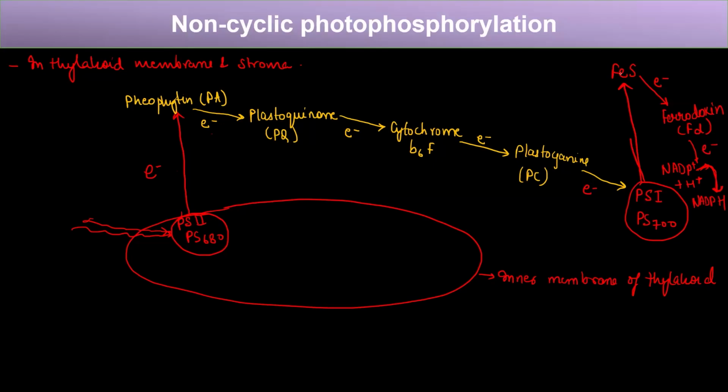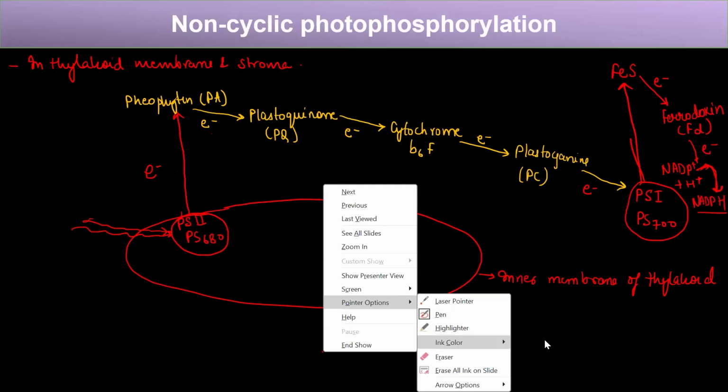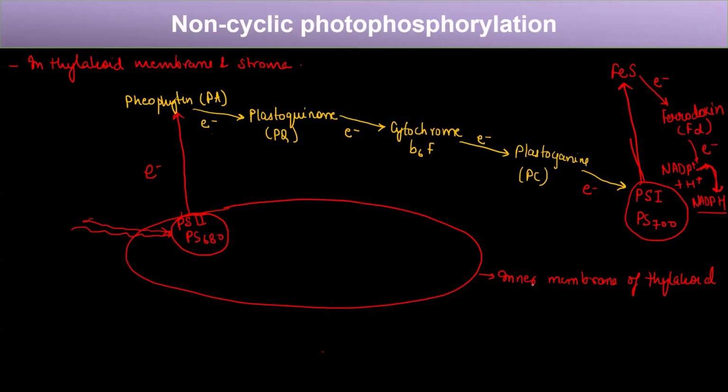And then from PS1, it gets into FES and then ferrodoxin, and ultimately it is received by NADPH. Now, if you look at the location, how will you draw this? We have seen that PS2 is located in the inner membrane of the thylakoid, and this PS1 is located in the outer membrane, right?